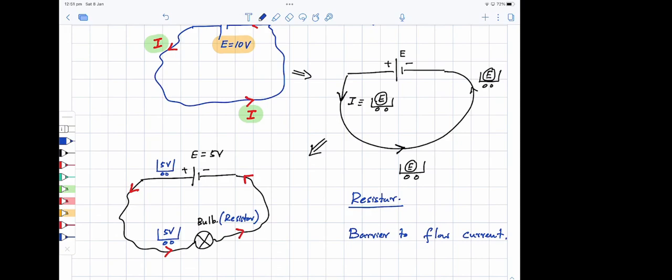So the cart is coming to the bulb. The cart is a very sensible guy, so it sees that there is a resistor there, which is a bulb. So the cart unloads all the energy it has. 5 volts is unloaded.